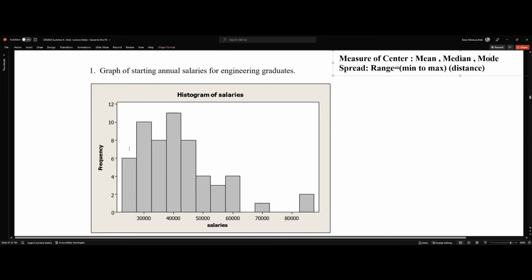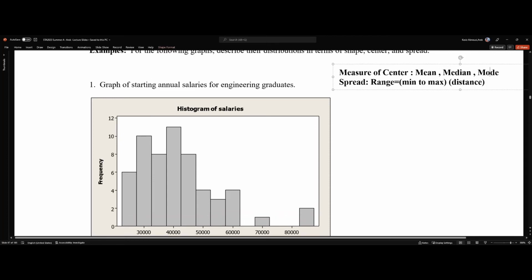So it goes from 25,000 up to 85,000. This is the range.